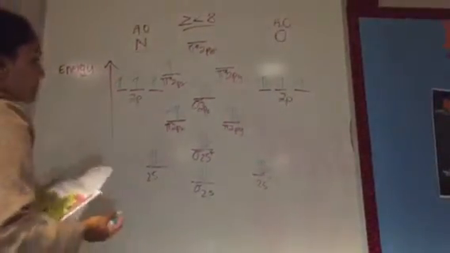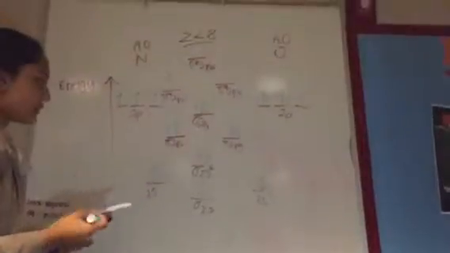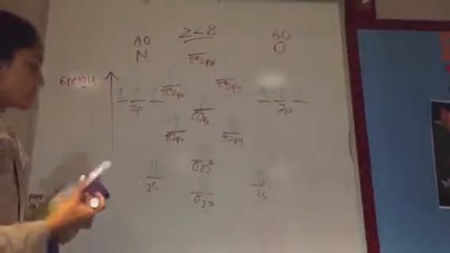So this is our molecular orbital diagram completely filled out. This is for the valence electrons, by the way.